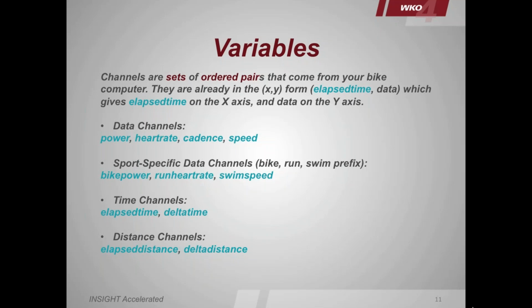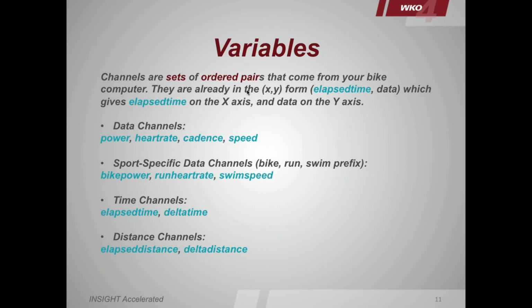Okay, so now we get to variables, and this is really where you can actually start doing something real in WKO4. The first sets of variables I wanted to talk about are data channels, and those are sets of ordered pairs that come from your bike computer.